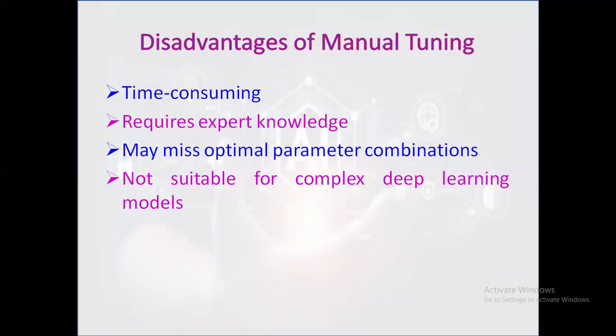Since humans explore only a limited set of values, manual tuning may fail to discover the best possible hyperparameter configuration. It's not suitable for complex deep learning models. Modern deep learning systems often have many hyperparameters, making manual tuning impractical and inefficient.